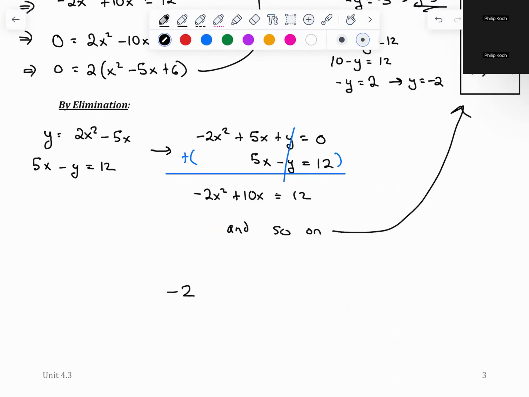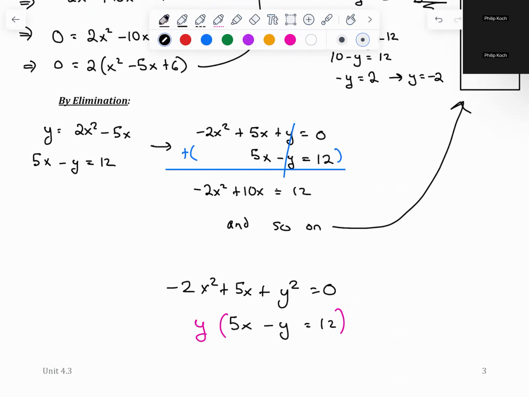So if we got negative 2x squared plus 5x plus, and let's assume it was y squared equals 0, and we do this 5x minus y equals 12. If I multiply this equation by y, what ends up happening is now we've got negative 2x squared plus 5x plus y squared equals 0.